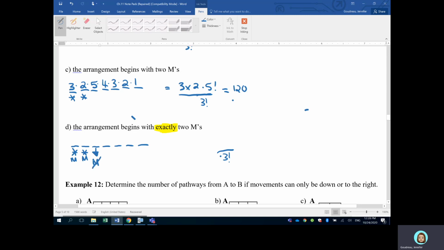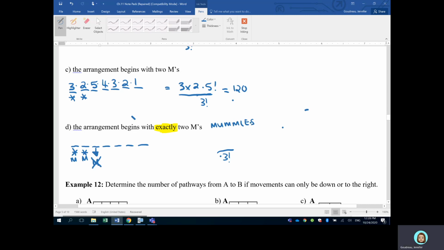This third blank cannot be an M. The reason is if we have M's in the first 2 blanks and then an M in the third blank, that would mean that we are starting with 3 M's. 3 is not exactly 2. So that word exactly means we have a restriction on that third blank. It cannot be an M. And what sometimes helps with this kind of question is to write the word that we are dealing with and cross letters off as we use it.